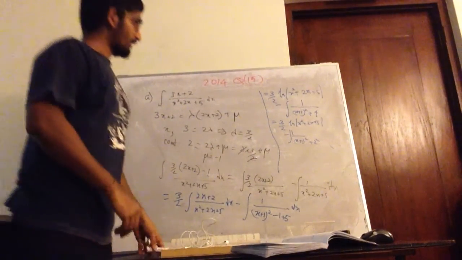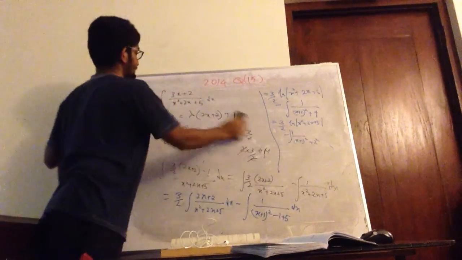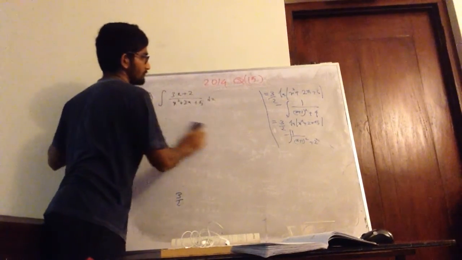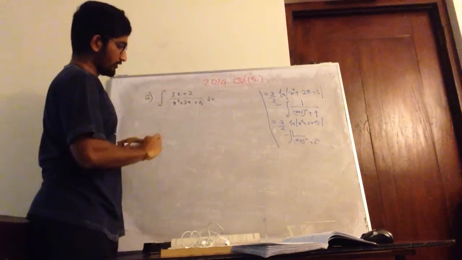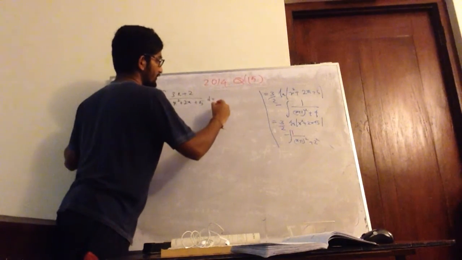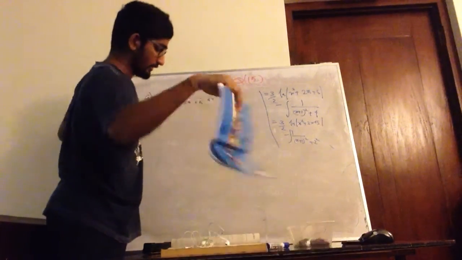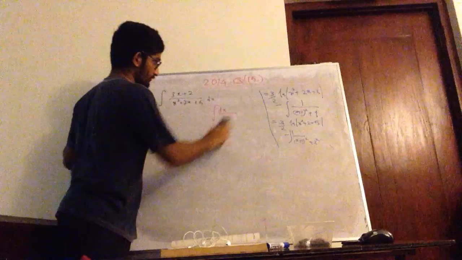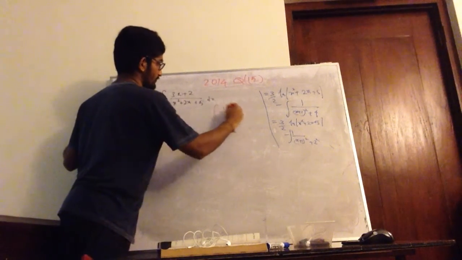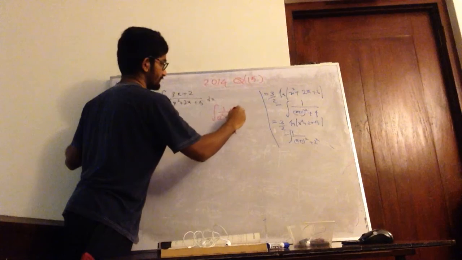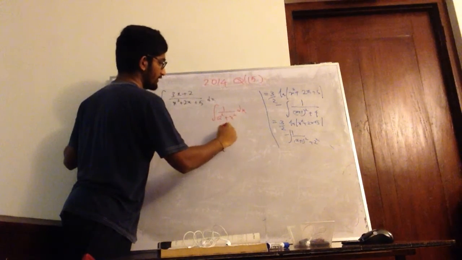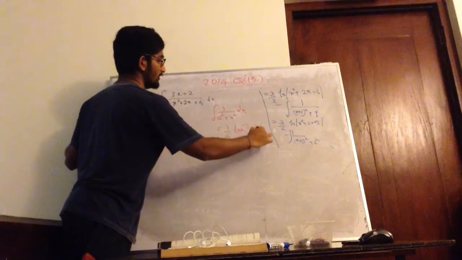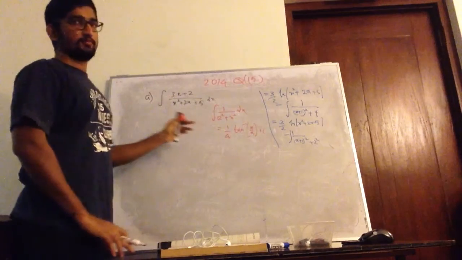Right, so now you come up to here. So you have this, no? So now there is a small theorem that you all should remember. That is, what is that now? If something like this happens, the integration is 1 over a tan inverse of x over a, plus c, right?